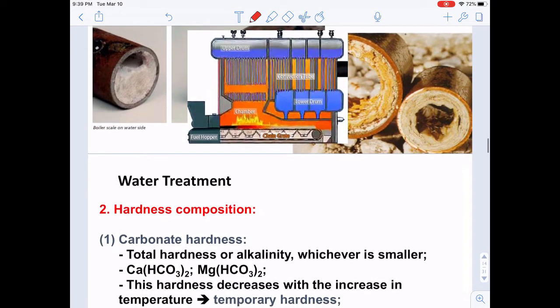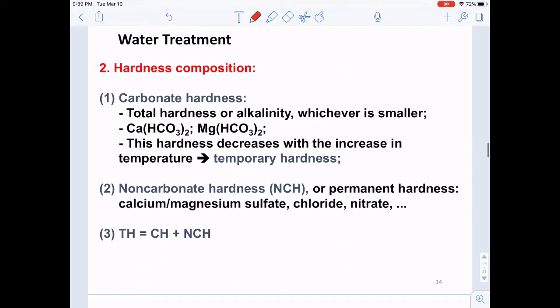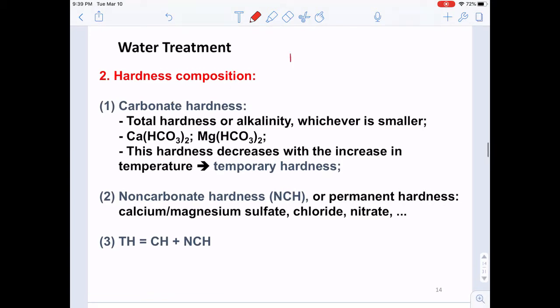And then, as a matter of fact, the hardness can further be divided into different compositions. As we have introduced earlier, for a water sample there can be concentrations of all different types of ions, right? And these are basically cations. There can be calcium. So I'm using a bar chart to represent the concentration of the calcium, right?